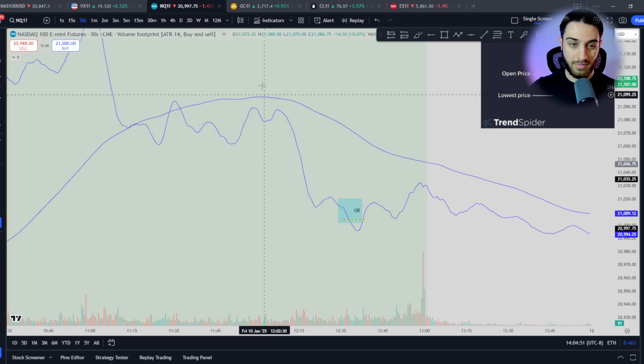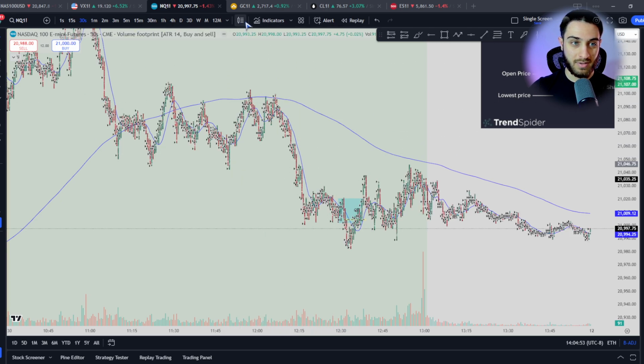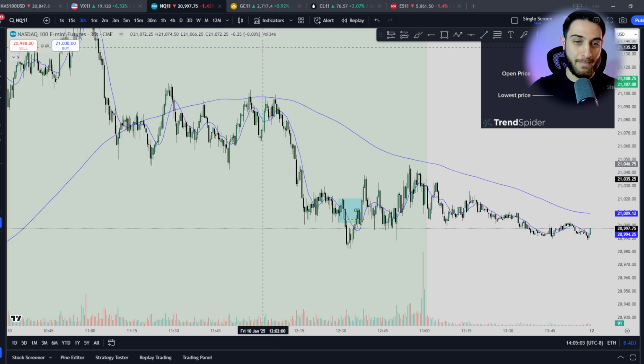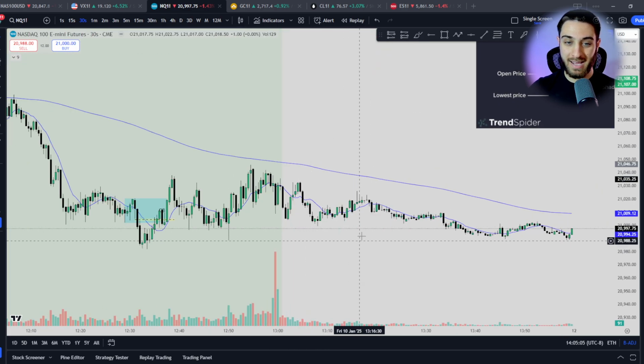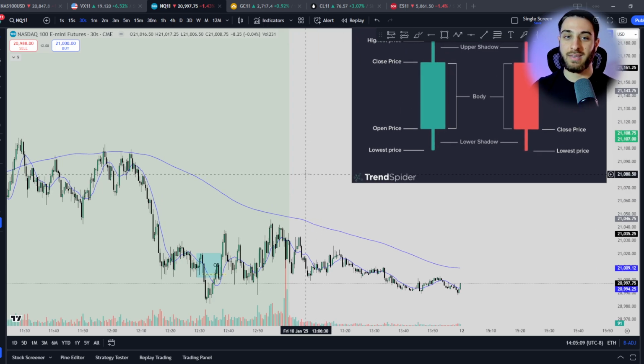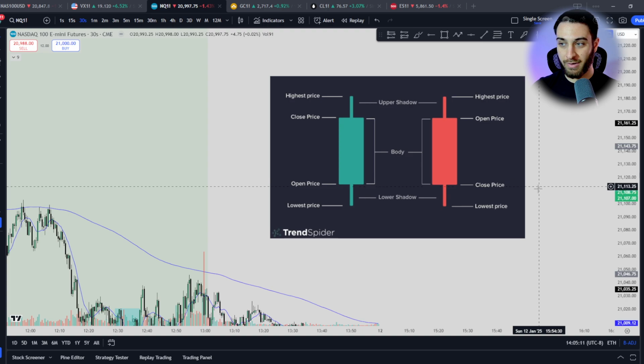People use volume footprint. I didn't know there's actually this many options. I thought there was probably 10 different options, but I've tried a decent chunk of these. I mainly found candles to be my ideal way, but overall, most of the candles have the same functionality, which is explained in this picture right here.